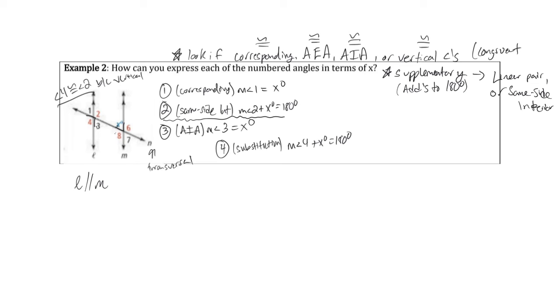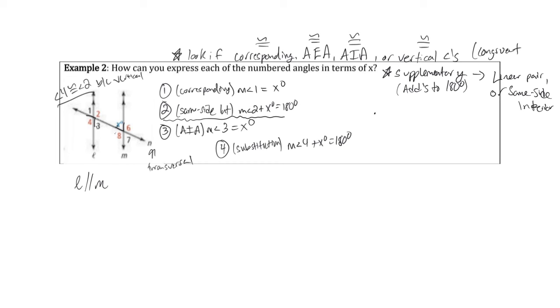So that one we had to use a little extra, but you can tell that if one's acute and one's obtuse, they're going to be a linear pair and add to 180 degrees. If they look almost like the same measure, like 1 and x, most likely they're going to be congruent, but we just have to prove it.